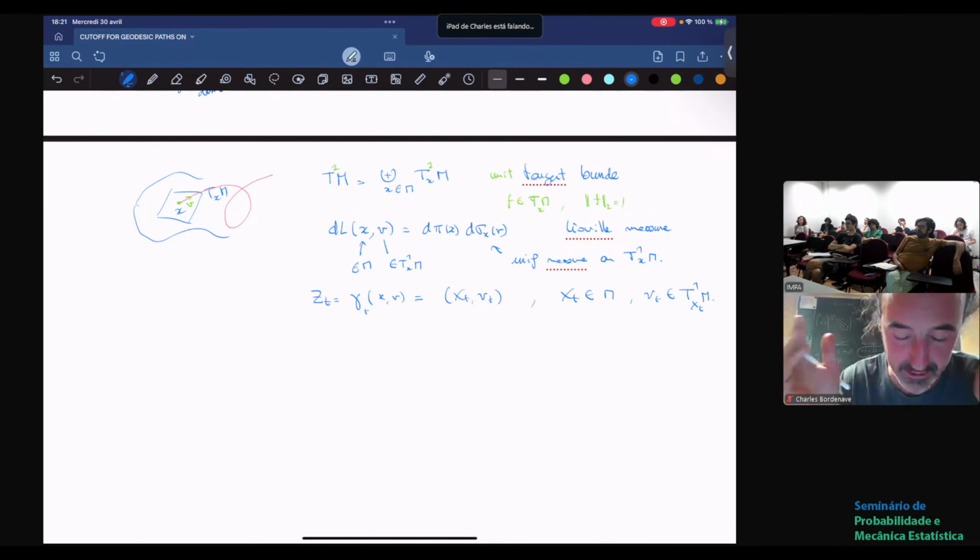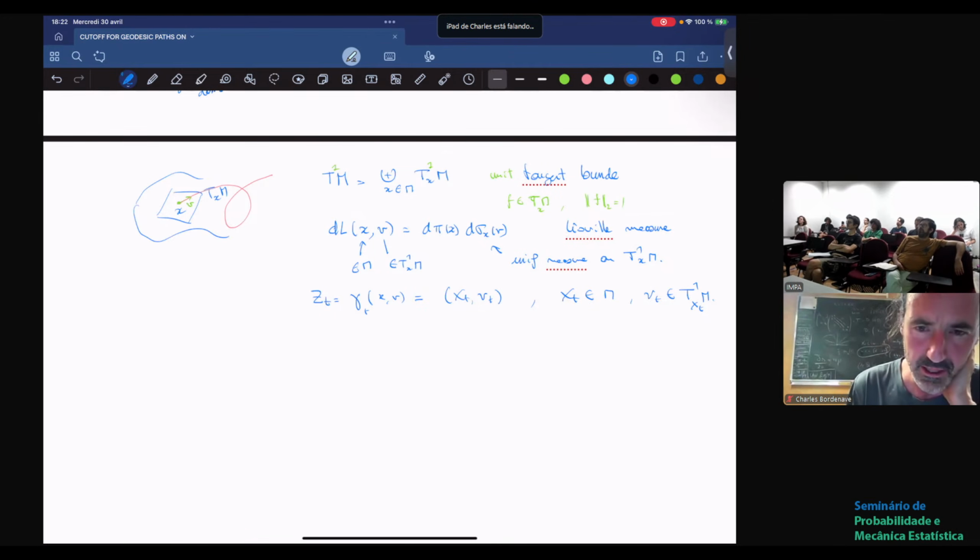You can think of that as a billiard: you launch your ball of billiard, it moves at unit speed, and at any time you have a position on your billiard and a direction. And the geodesic flow leaves the Liouville measure invariant.